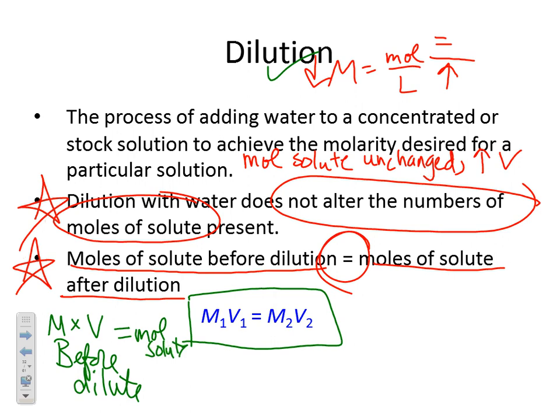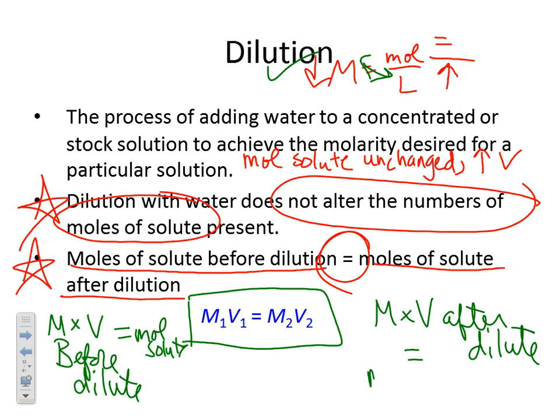If you multiply molarity times volume, you get moles. So molarity times volume before you dilute it, that's the moles of your solute before, is equal to the molarity times the volume after you dilute it, because that is equal to your moles of solute after.